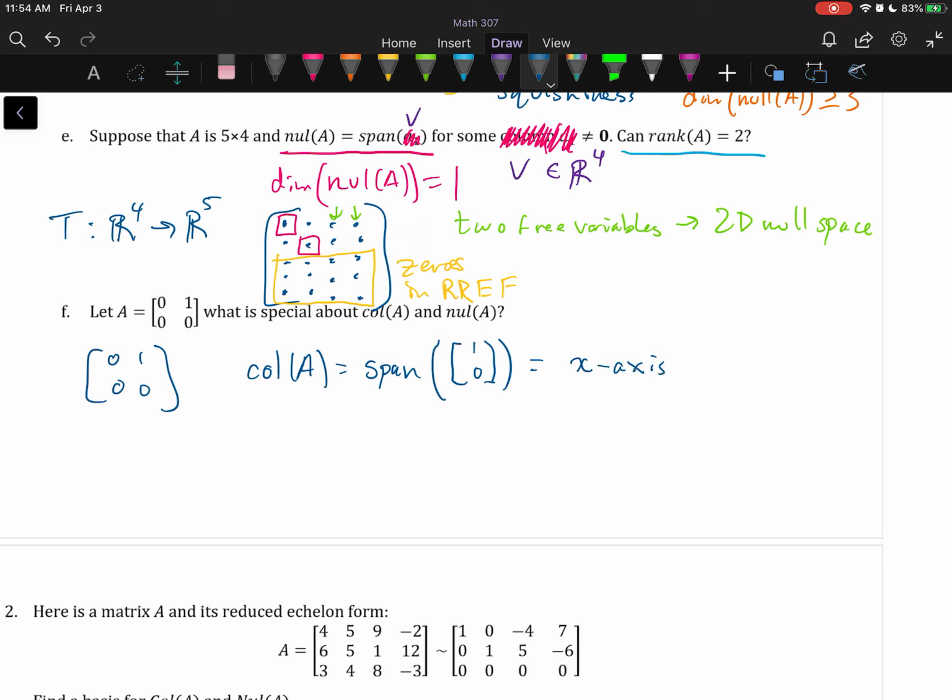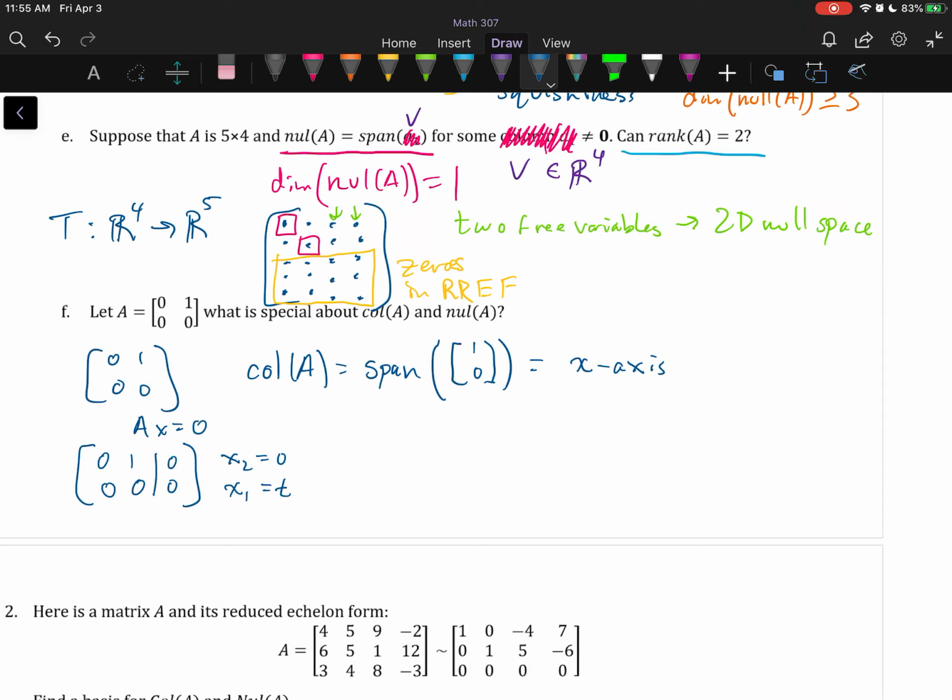That entire line. And if we wanted to find the null space, we would take our matrix and we'd be solving Ax equals 0. We'd be solving the homogeneous system of equations. And so here's the augmented matrix. But again, what does that say? It says that x2 would equal 0 here, and x1 is a free variable.